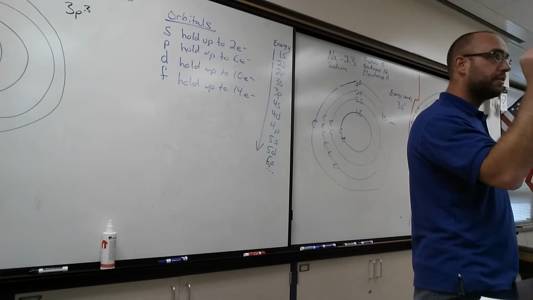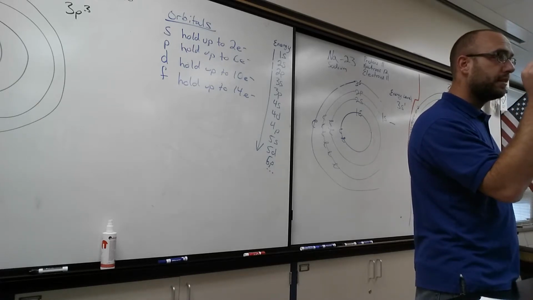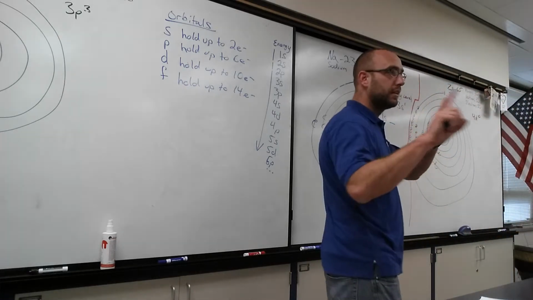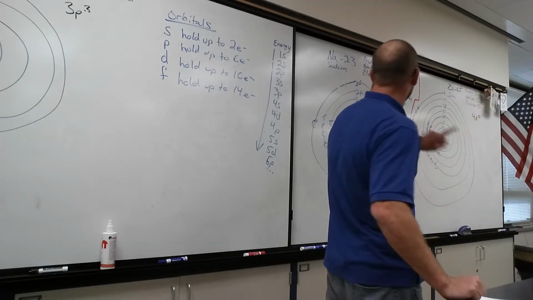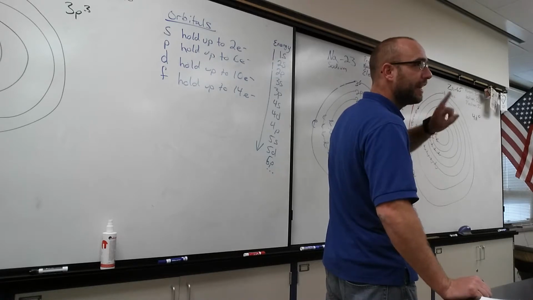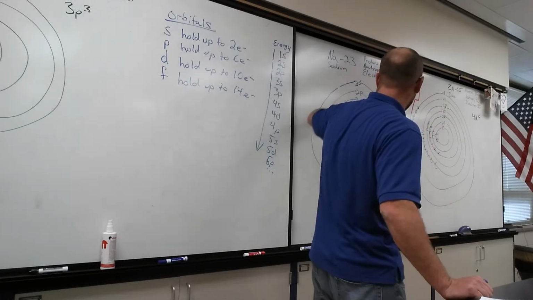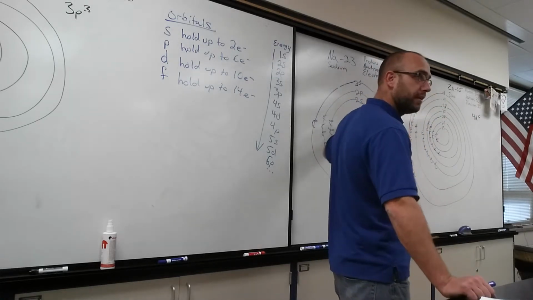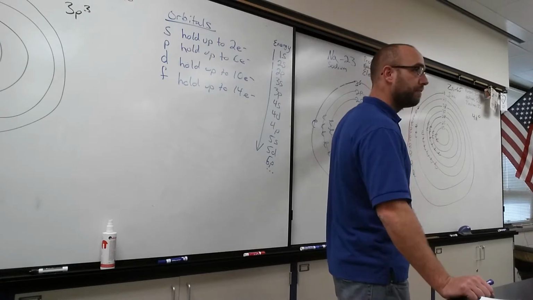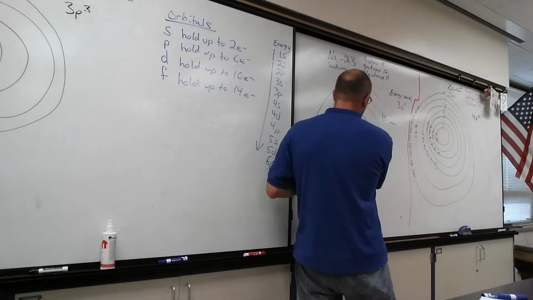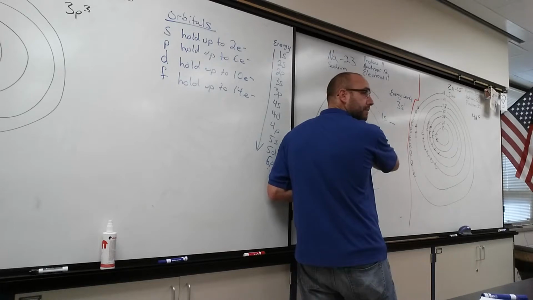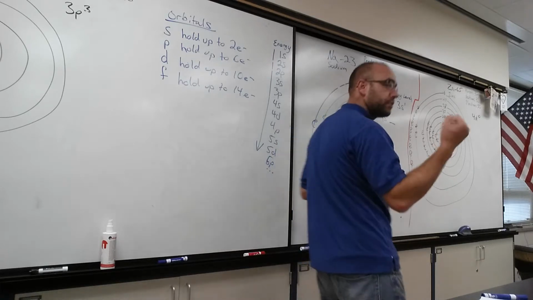Picture the planets spinning. They rotate. So the planets revolve around the sun, right? Same is true here. But these planets also rotate at the same time. The electrons are rotating.